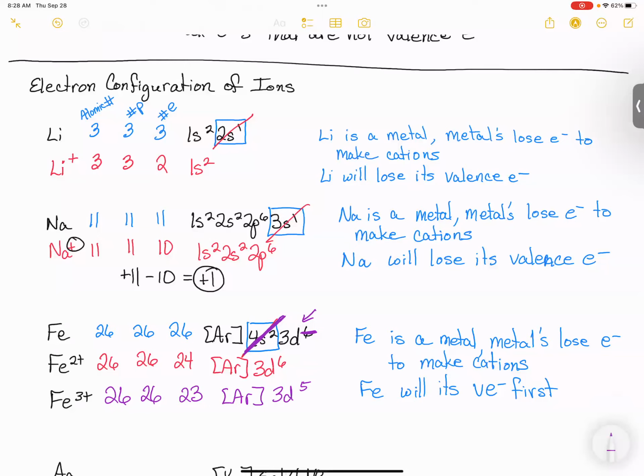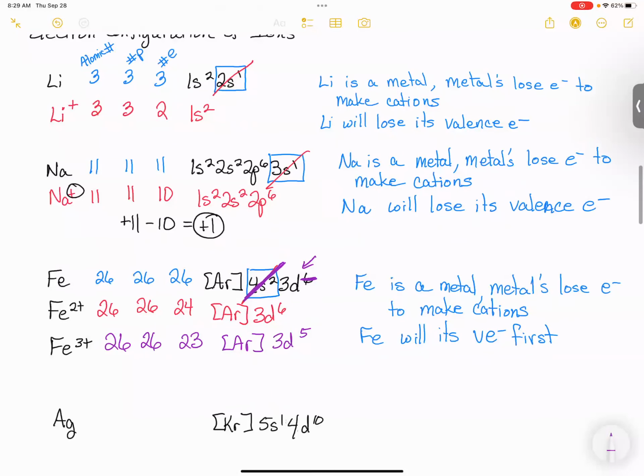Iron forms a +2 and a +3, folks. That's the only 2 charges iron will form. And it does so because to form a +2 means it loses its valence electrons. And to form a +3, if we look at the box diagram, we have a half-filled subshell by losing 3.